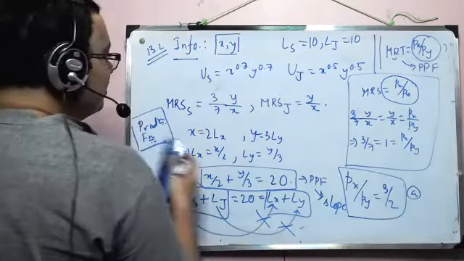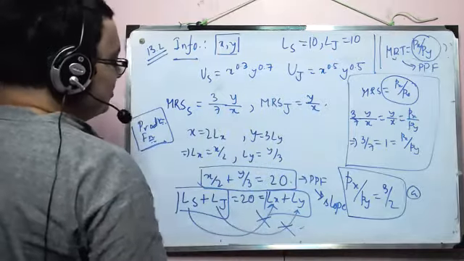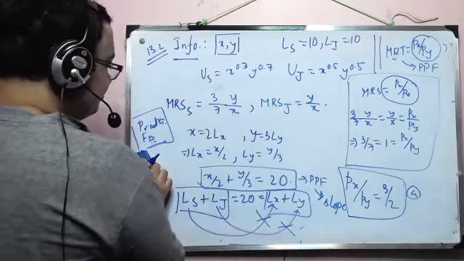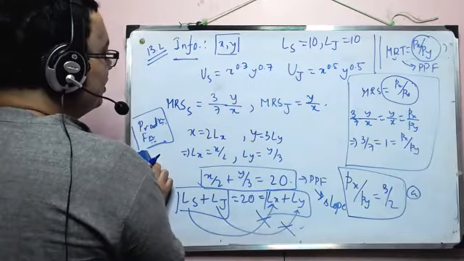There is nothing new. So you have got Px by Py, you have got the MRS. What you have to find is their demands, and also you know this thing. Let me erase this part.